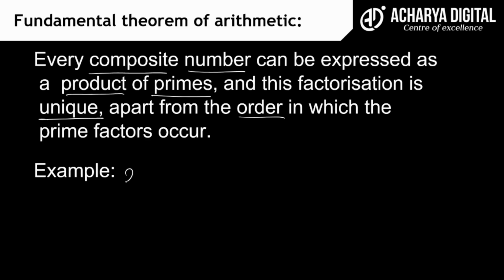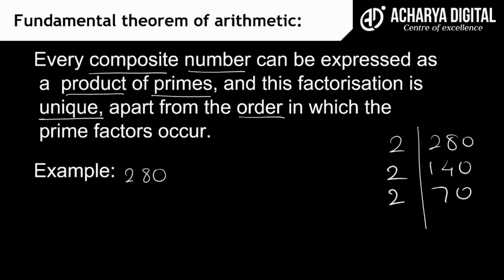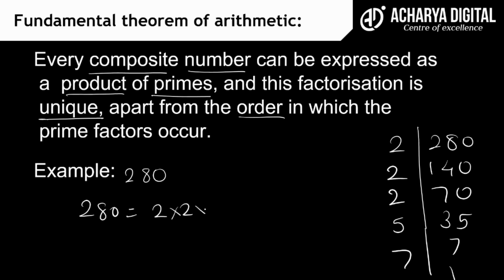Let us take one example. Suppose I am taking a number 280. So if I prime factorize this, what will I get? You all know how to prime factorize, right? 5 7s are 35, 7 1s are 7. So I can write this 280 as 2 into 2 into 2 into 5 into 7, or you can write this as 2 cube into 5 into 7.